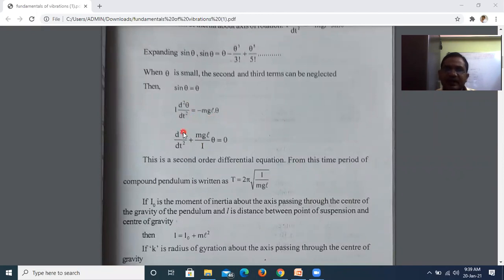From that, d square theta by dt square plus mgl by I theta equal to 0. Comparing this with the standard SHM angular equation, d square theta by dt square plus omega naught square theta equal to 0, omega naught equal root of mgl by I. Then time period T equal 2 pi by omega, 2 pi root of I by mgl.